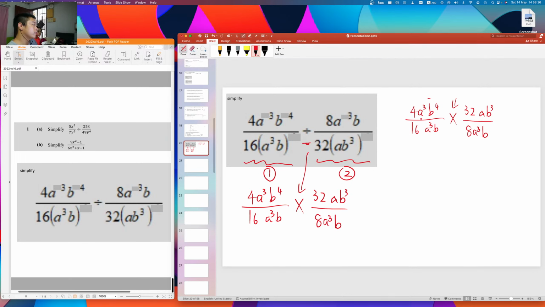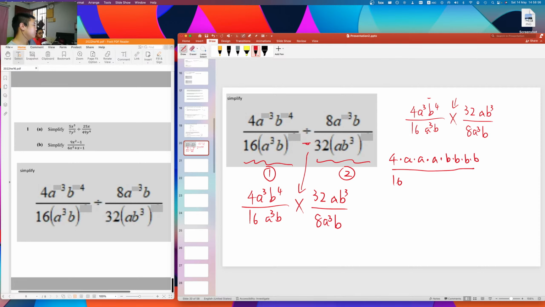So over here, you have 4, then you have a to the power of 3. A to the power of 3 means how many a's times together? 3 a's, right? So b4, how many b? 4 of them, right? Then 16.